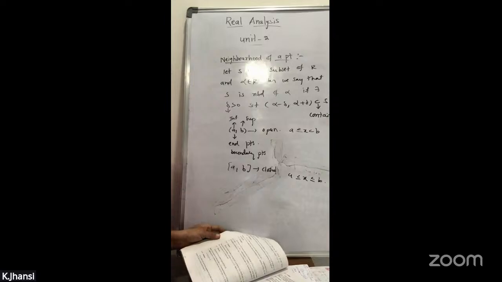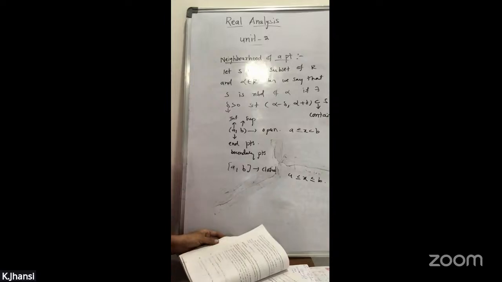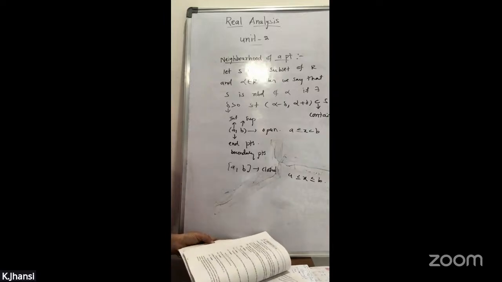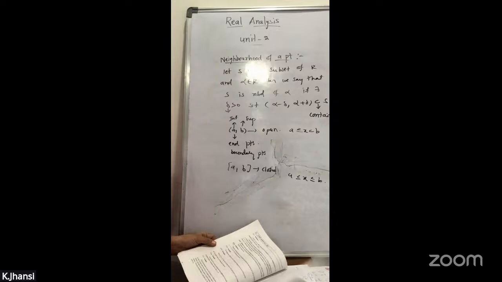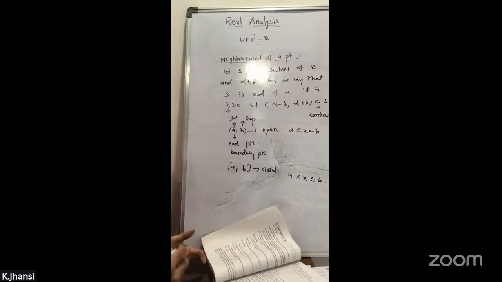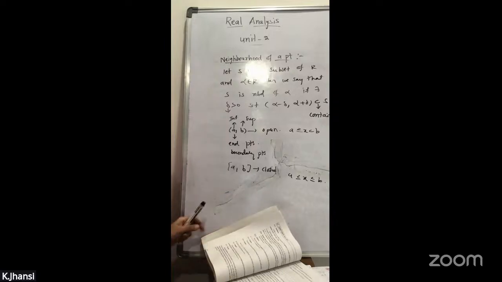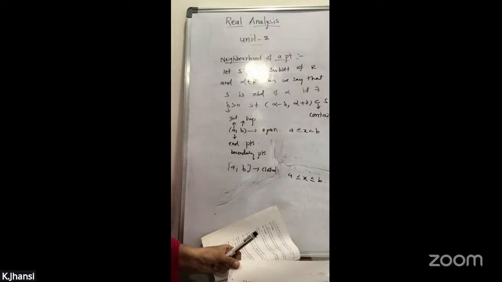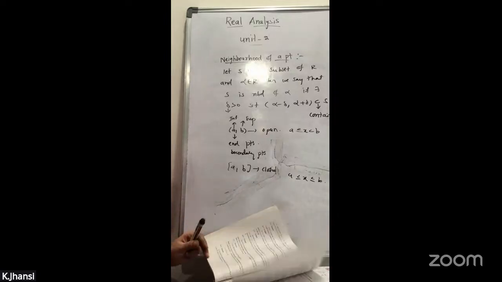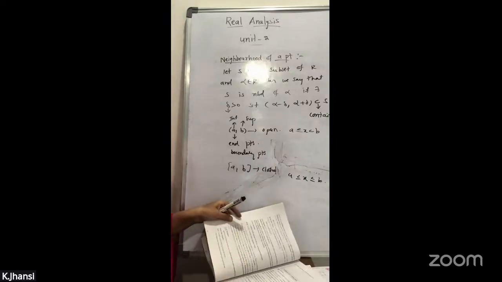Page number 25, 2.2.13 and 2.2.14, these two are the essay questions, that is, 10 marks questions. So next class we'll see the introduction of the limit point of a set, and also what is an open set and what is a closed set.